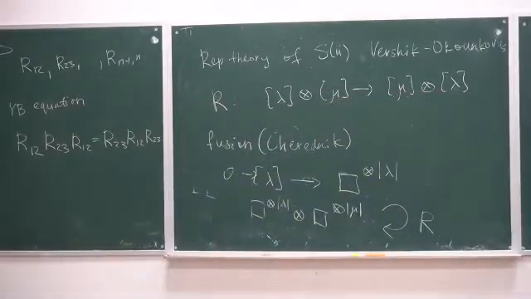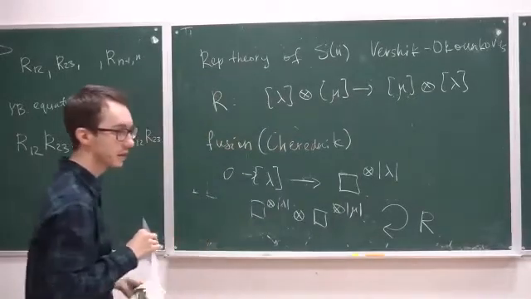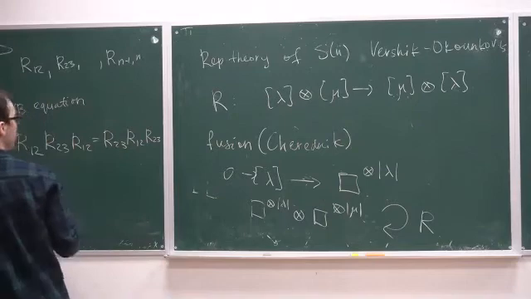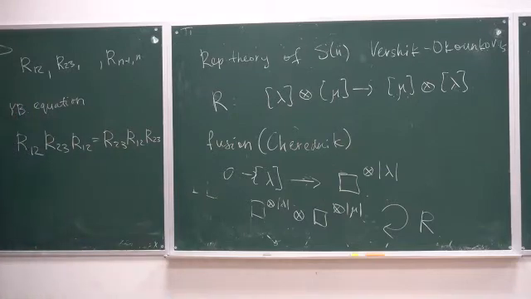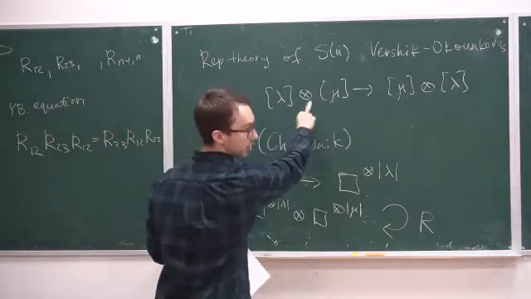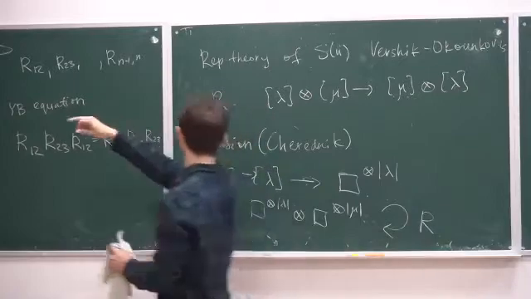So practically, this R matrix exchanges irreducible representations, these two arbitrary irreducible representations, and this just for a single box.